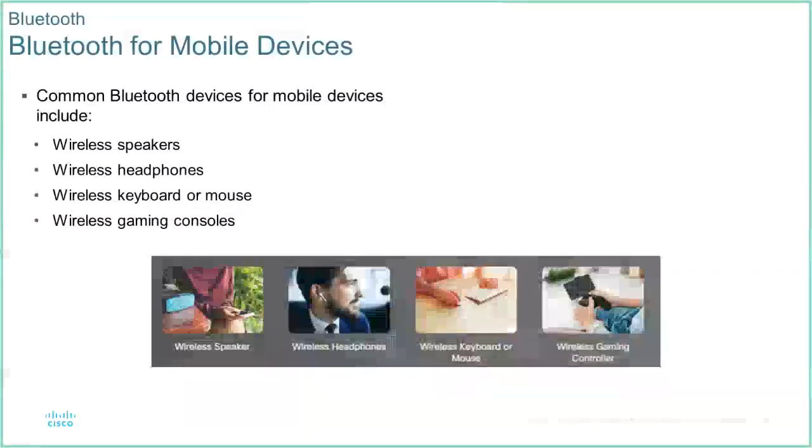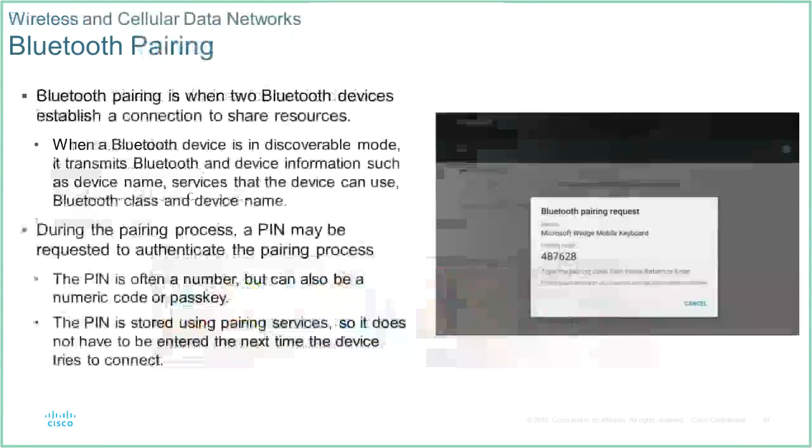Bluetooth, I'm pretty sure you've all got some form of Bluetooth device in your life, whether it be headphones or speakers, keyboards, mice. So most people have some form of Bluetooth happening in their life.